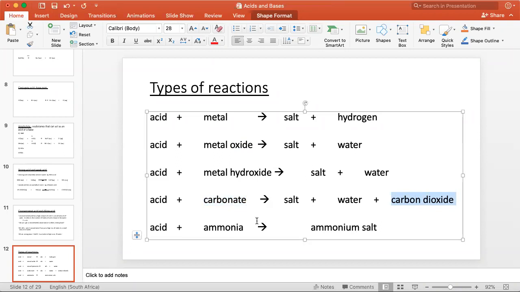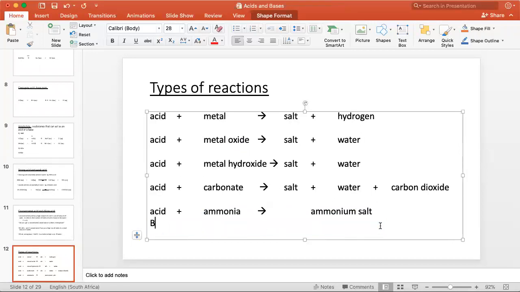And acid plus ammonia will give you an ammonium salt. That's a specific example. Acid plus base just gives you the salt. The ammonium salt is formed, for example, if you have HCl and it reacts with ammonia, you get an ammonium salt.